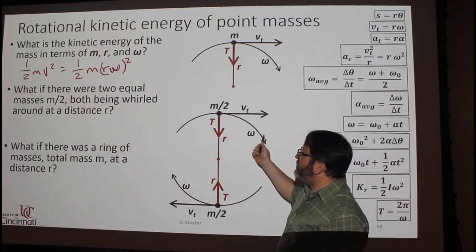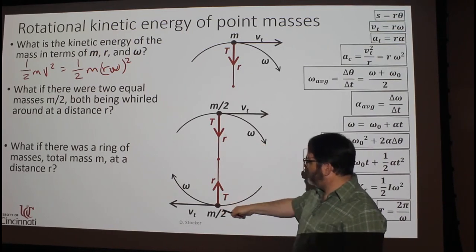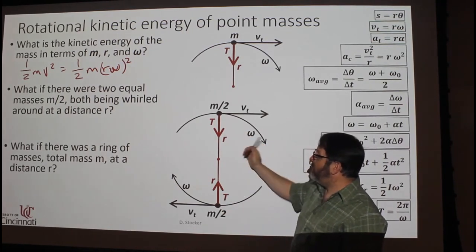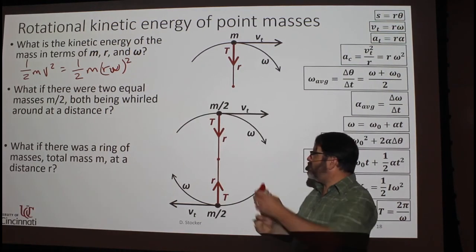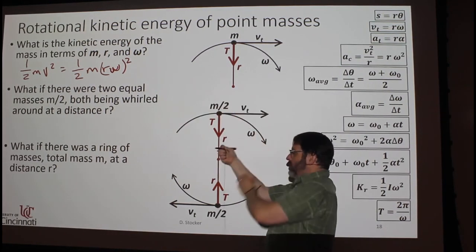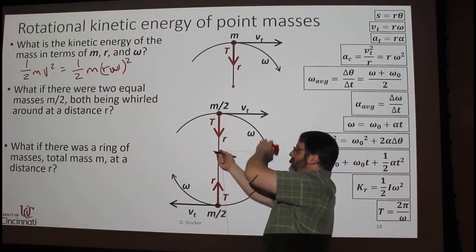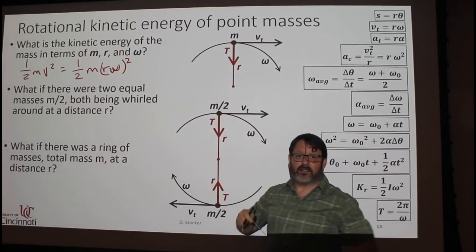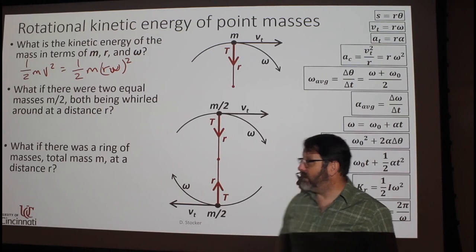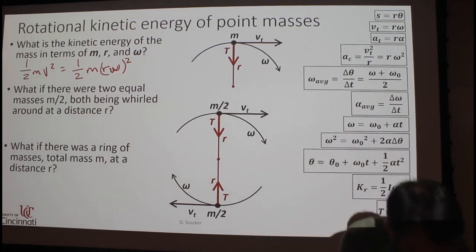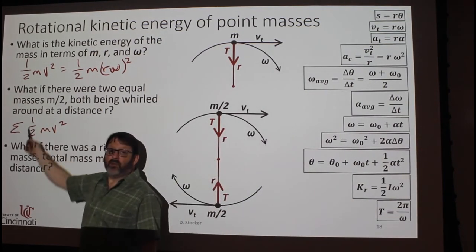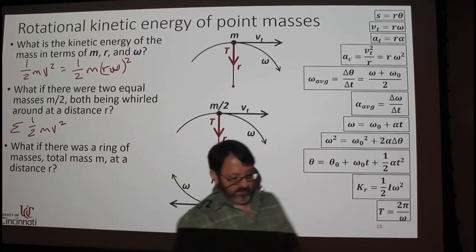What if there were two equal masses, both m over 2, being whirled around at the same distance r? So instead of having a single ball that I'm spinning around, I break the ball in half, and I spin half of it here, half of it there at the same time. Then what would the kinetic energy be? This time we'll have to add up the 1/2 mv squareds.